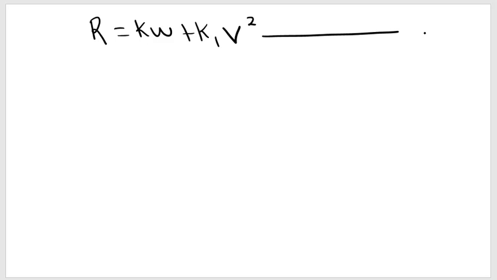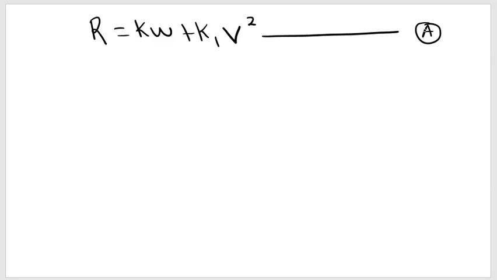So now our equation is R equal to KW plus K1 V squared. This is our main equation, so we can label this as equation A.